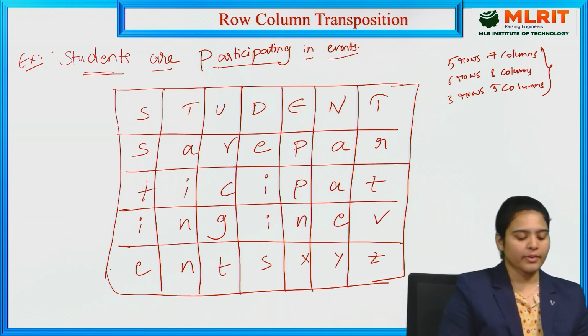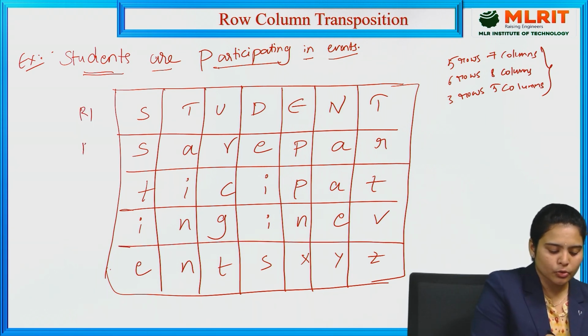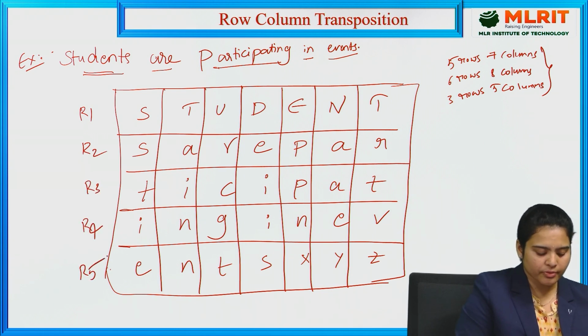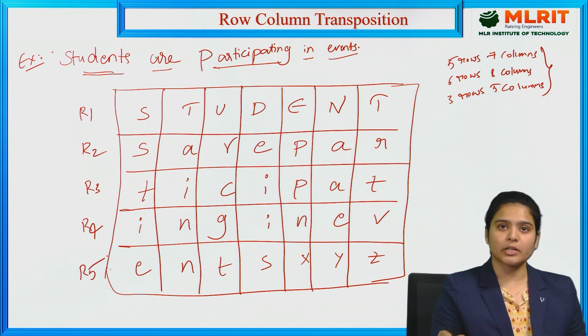I got 5 rows, that is row 1, row 2, row 3, row 4, row 5, and there are 7 columns.